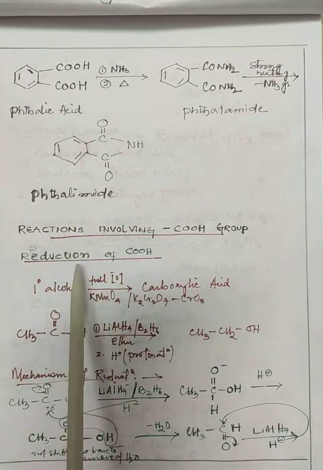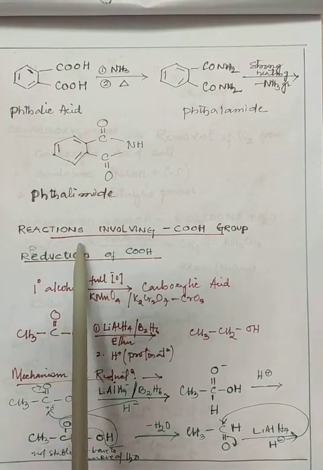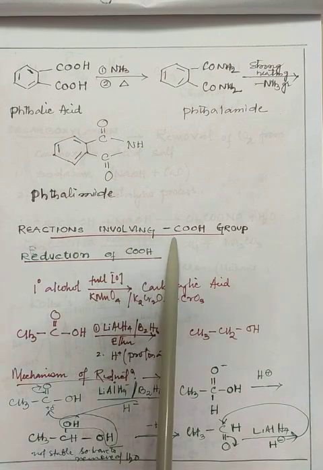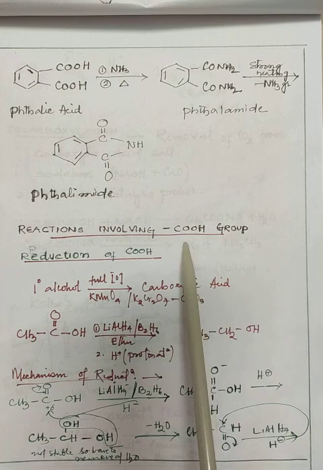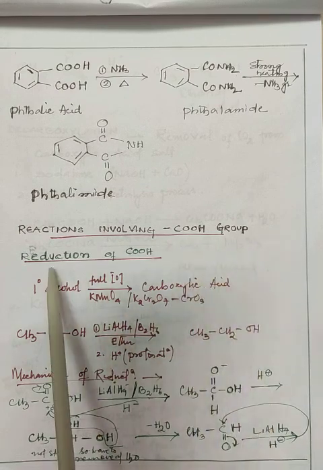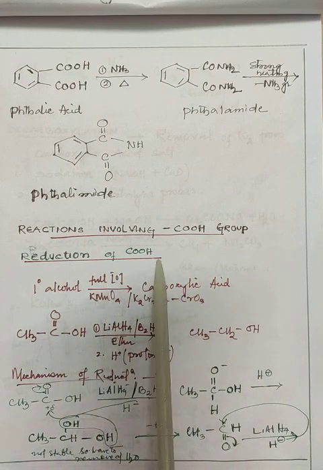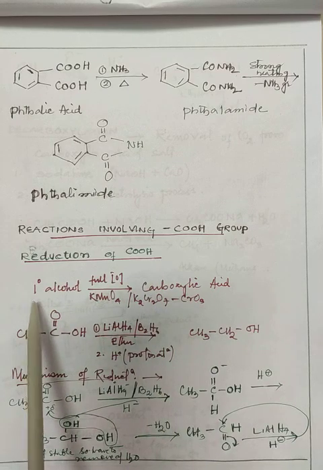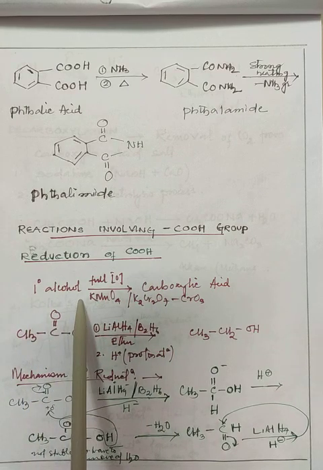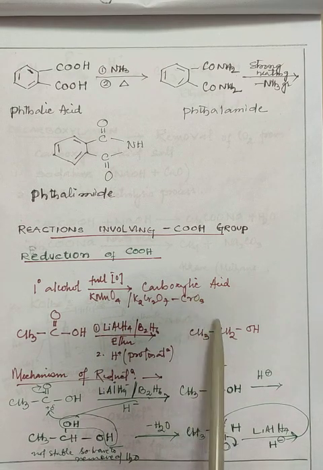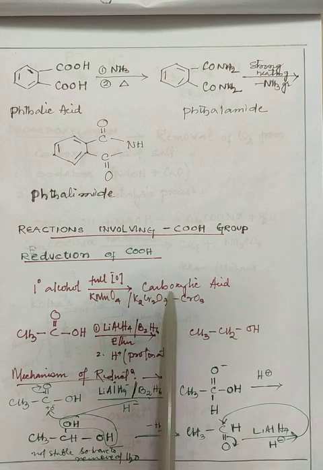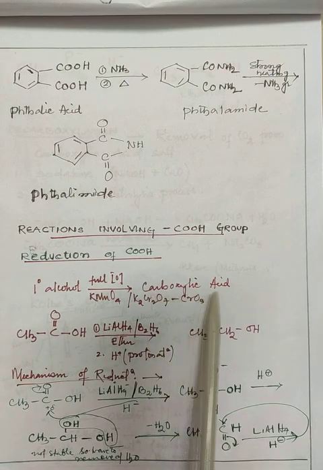Now this is another one, reactions involving the carboxylic acid group of acetic acid. Now reduction, number one is reduction of carboxylic acid. A primary alcohol, when we do oxidation with potassium permanganate or potassium dichromate or Jones reagent, we will get the product carboxylic acid.